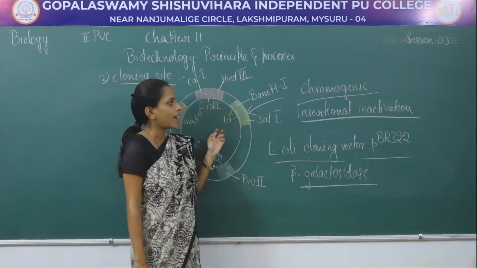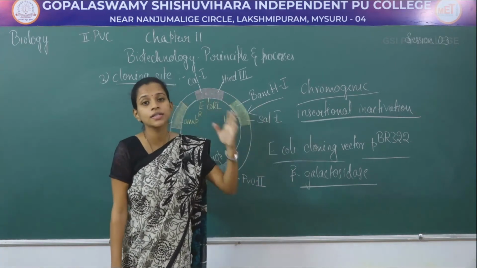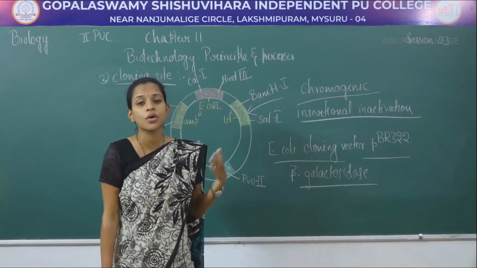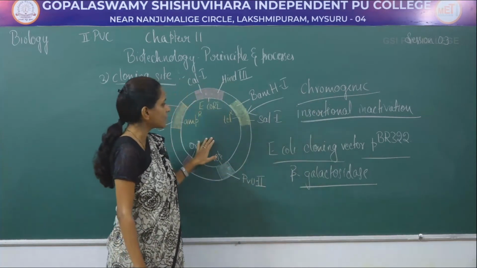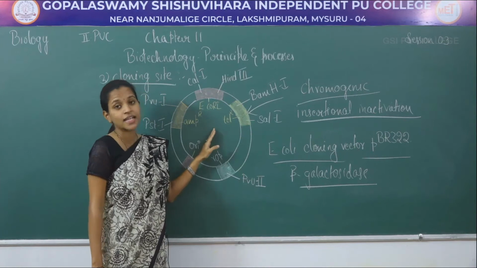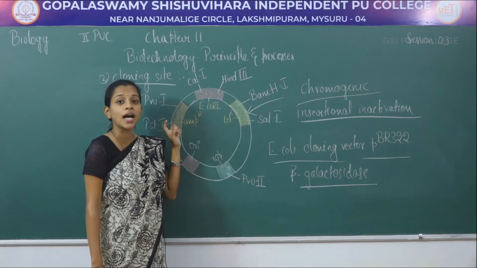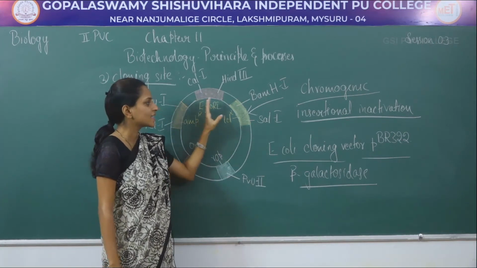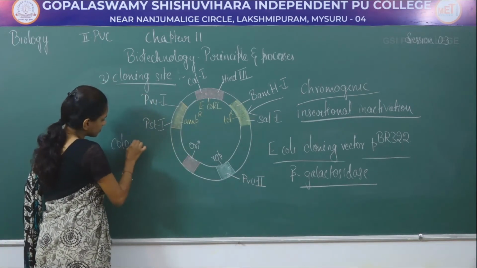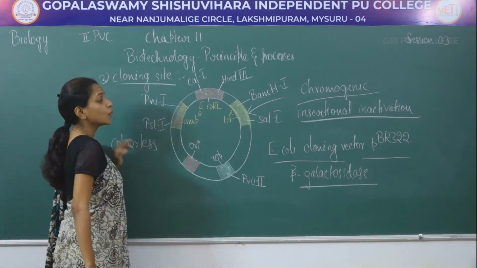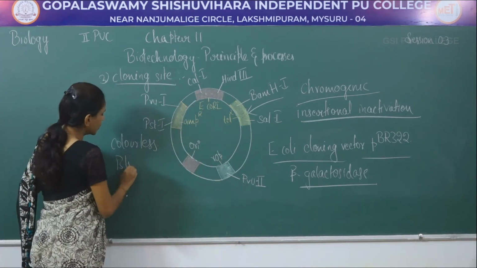So as I have told, to identify whether the plasmid has undergone this transformation or insertion or not, we can use the chromogenic substances. So wherever in a vector there is insertion, that region will appear to be colorless, and wherever there is no insertion, that region appears to be blue in color.